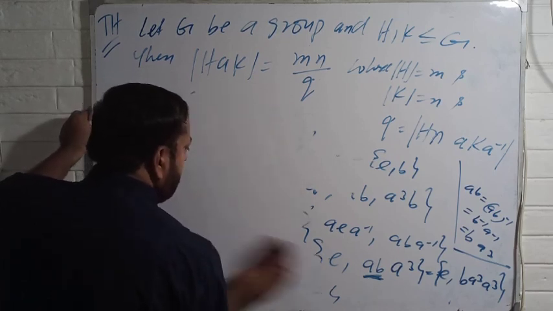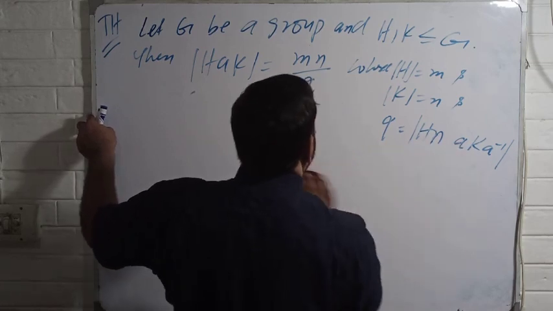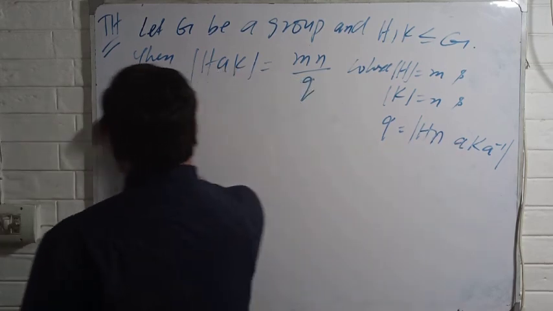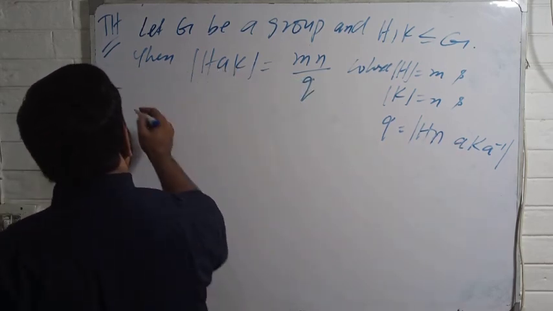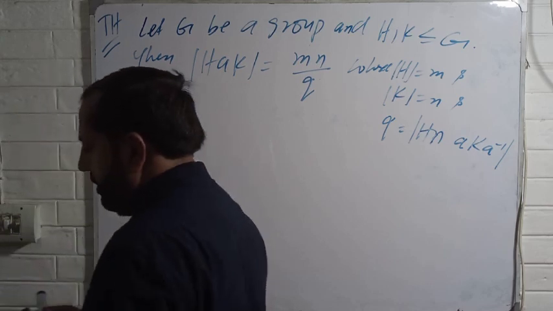Now we can prove this theorem. The proof of this theorem is so easy. We can use the last theorem and would be able to give its proof easily. Proof.